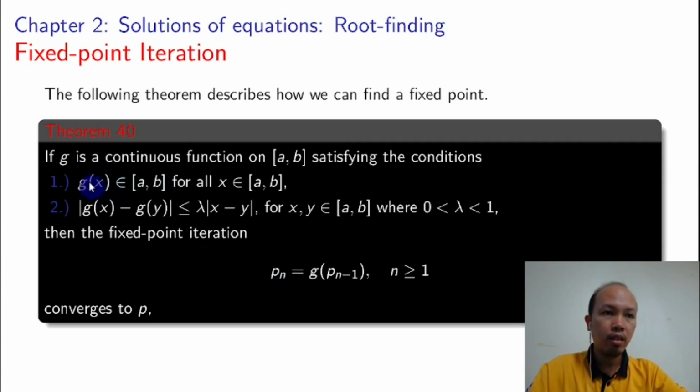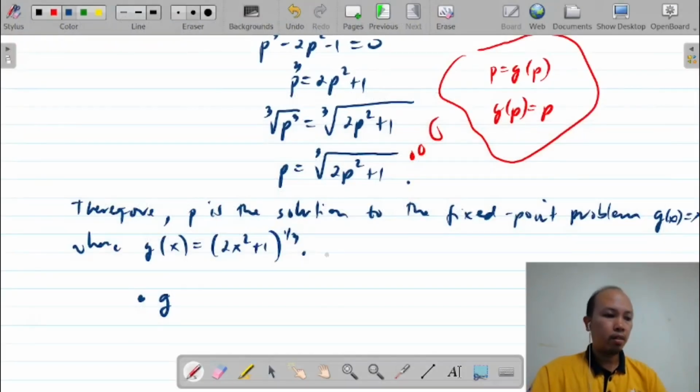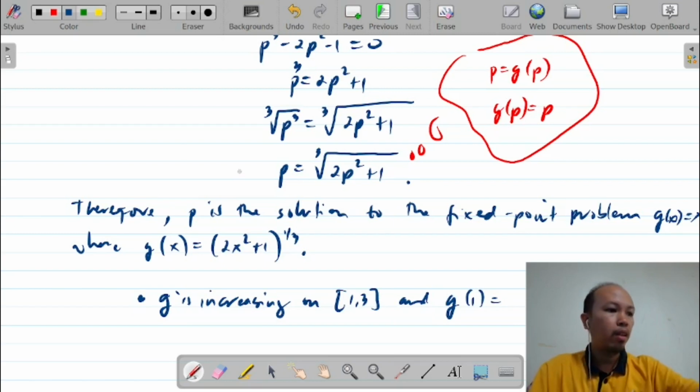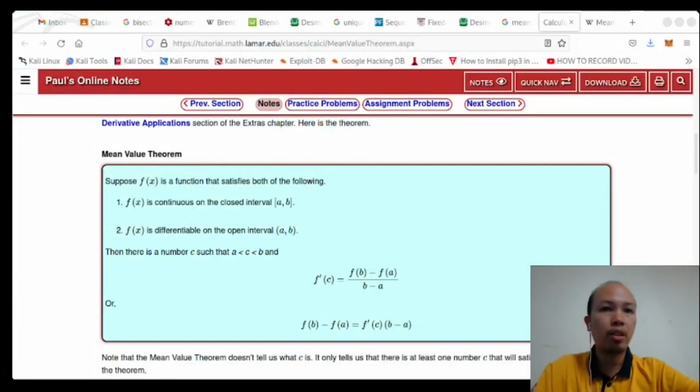Let's show that g of x is an element of this interval for all x in the interval [a, b]. g is increasing on the interval [a, b] or [1, 3], and g of 1 is equal to, let's go to our Desmos graphing calculator.